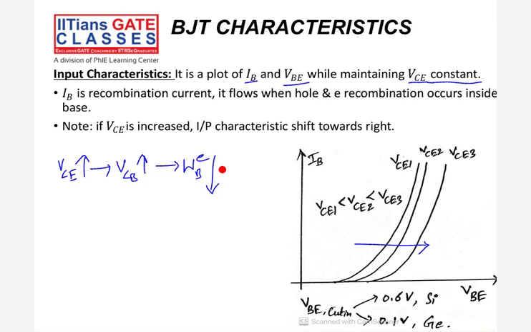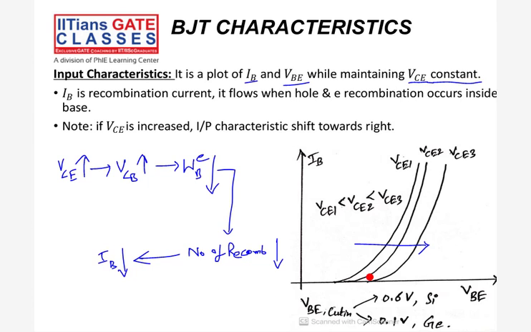If it is decreasing, then the number of recombinations will get reduced. Number of recombinations reducing means what? IB reducing.